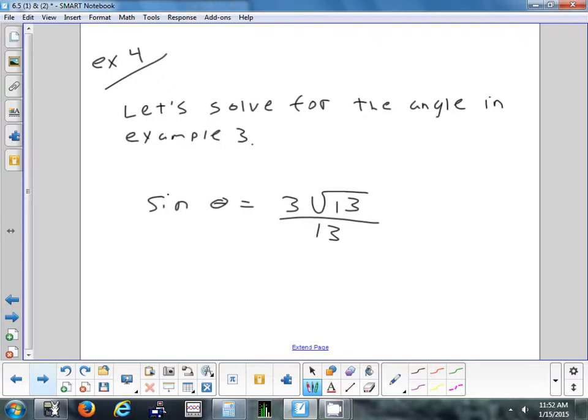James? So we can do the sine negative one thing. Yep, you remember what that's called? Inverse sine. Good. Take the inverse sine of what's on the left, do it to the right, and let's see what we get.